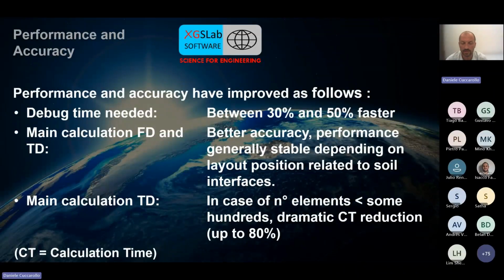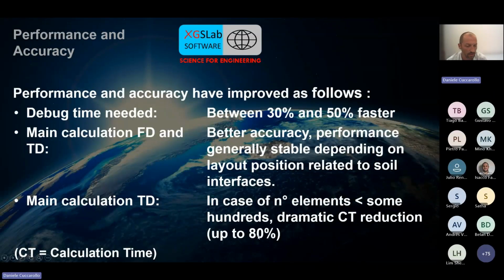Anyway, about performances, a particular thing can be said about the main calculation in time domain. In time domain, especially in calculations that have a number of elements that is not so high, below some hundreds, we have a calculation time reduction that is up to 80%.